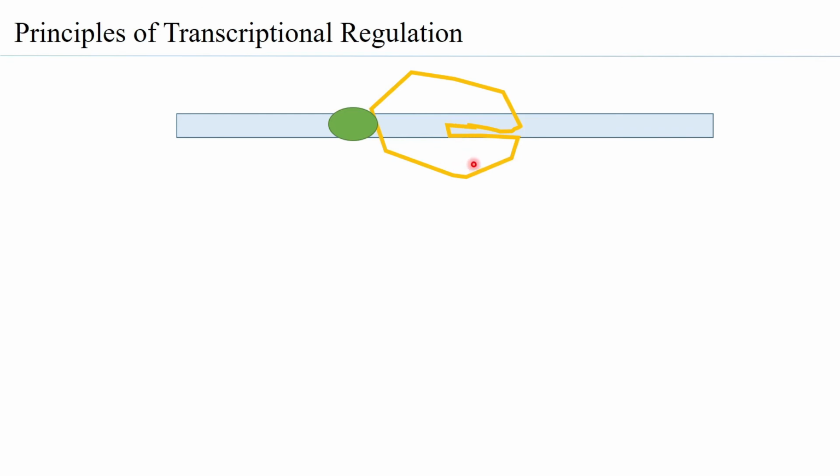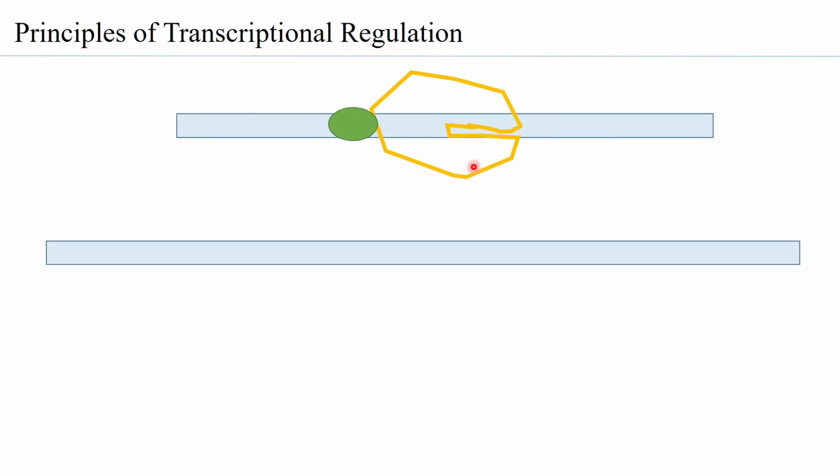But in many cases, the binding site of the activator is very far off from the promoter region. If this is the case, how is the regulatory protein going to interact with RNA pol, to take it from a closed complex to an open complex?